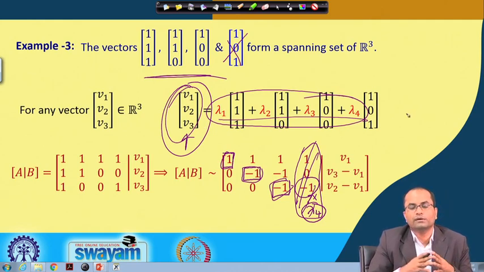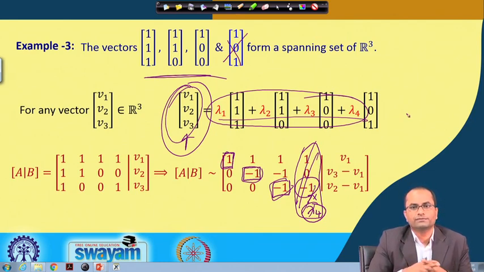But in this case, we do not have a unique representation, but we can write down any vector from R3 in terms of these given 4 vectors. So indeed this is a spanning set.